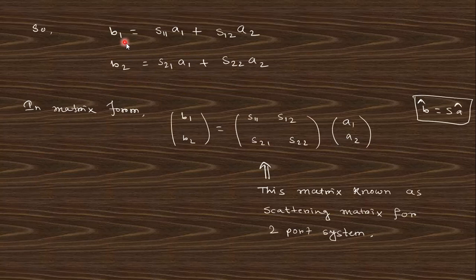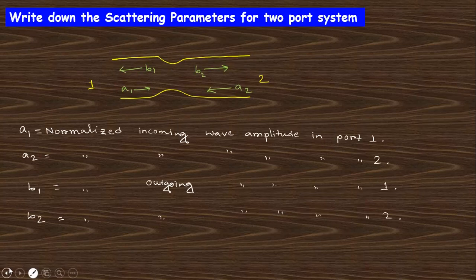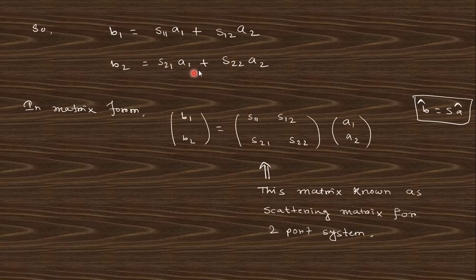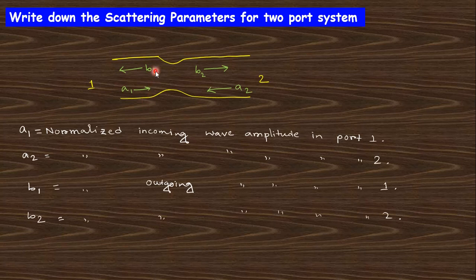So B1 can be written in terms of A1 and A2, with coefficients S11 and S12. That means B1 has some component from A1, the incoming wave at port 1 that can be reflected, and some component from A2.